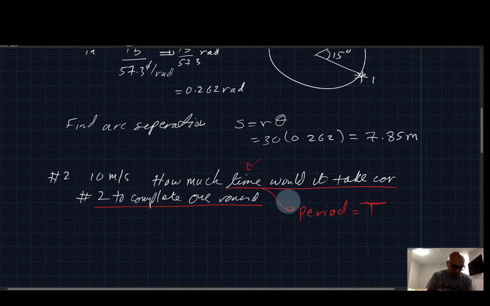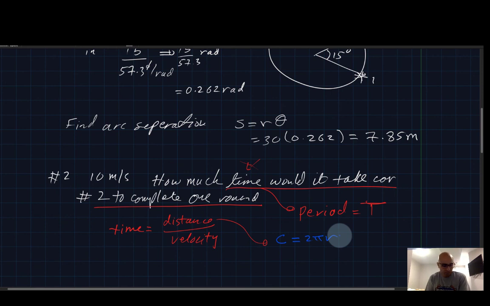Because usually time is equal to what? Distance traveled divided by velocity. Okay, for a full circle, what is the distance traveled, do you think? It's basically the circumference, which is equal to 2 pi times r.